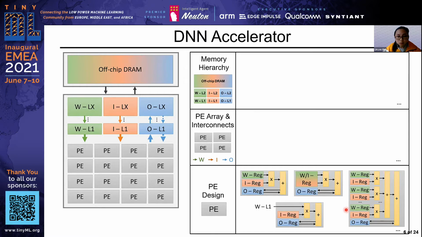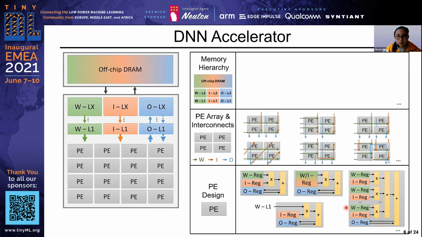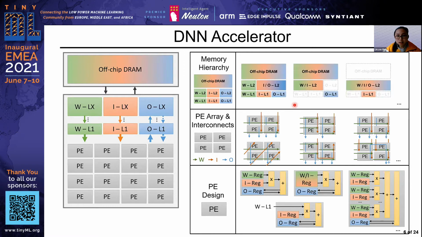On top of that, for the PE array, the weight, input, and output can have different interconnection patterns. Each one will have a different data reuse distribution between the input, weight, and output. Then for the memory hierarchy, we can have memory sharing between two operands, like here, where the input and output share at the L2 level.